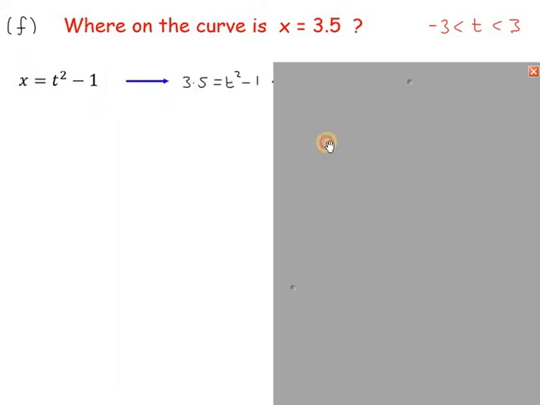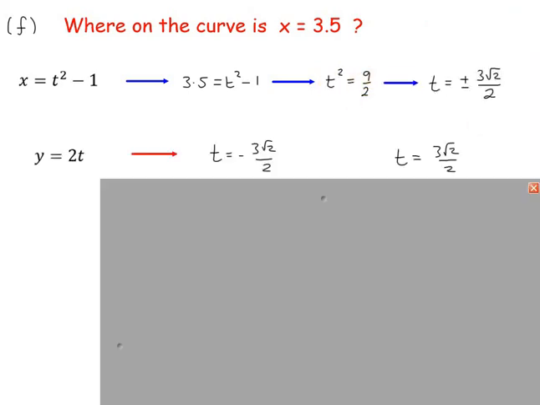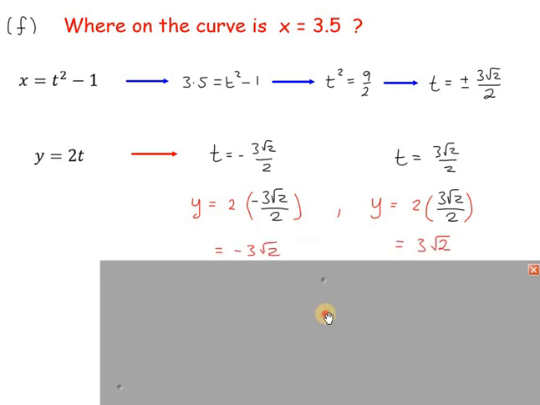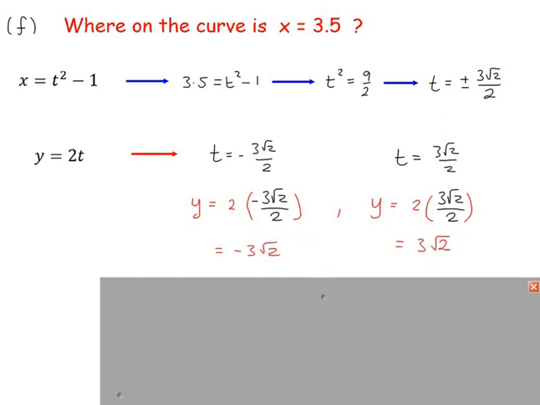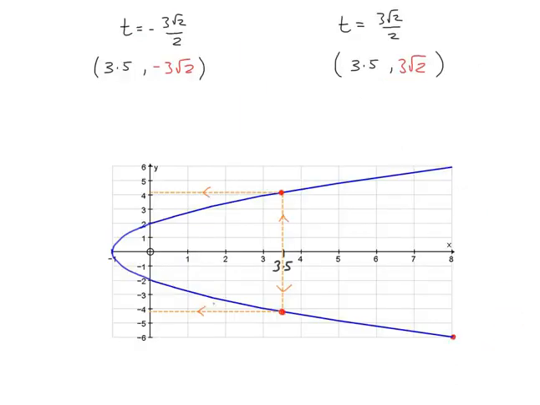We substitute that in, we solve, we square root to get plus or minus, so we have two solutions, and then we substitute these two values of t into the equation for y, y equals 2 times t, to get y coordinates. So we have coordinates for 2 points. These are the two corresponding values of t, giving these y coordinates.